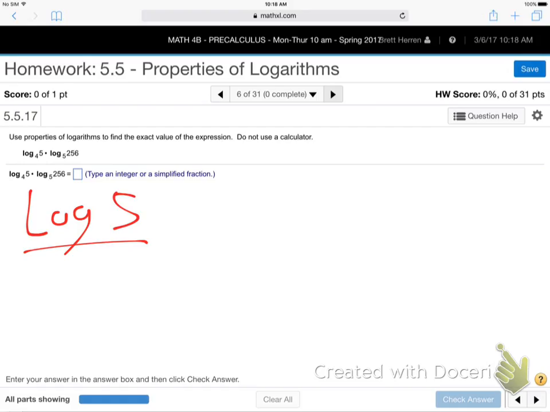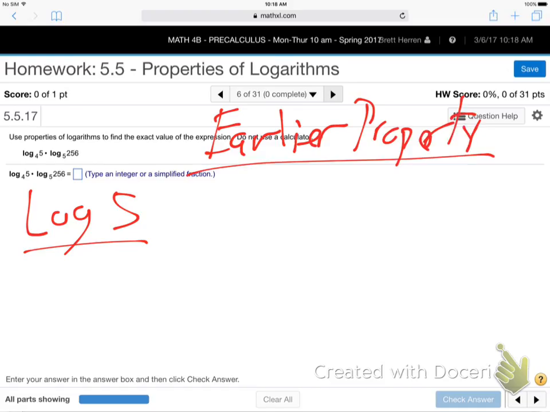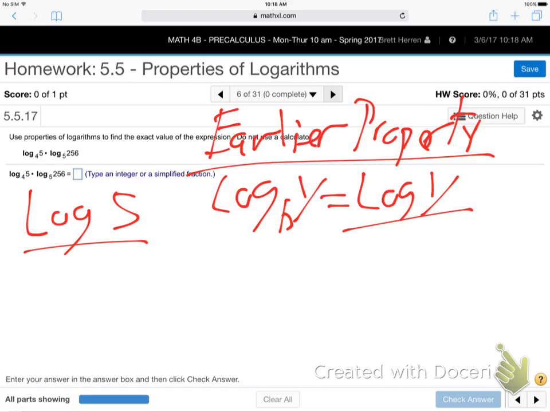So there's those 3 properties that I just wrote on the screen a minute ago, right? Property 1, 2, and 3. There's an earlier property. Remember the earlier property that said if you have the log base b of y or x or whatever, you can always make it log y over log b, right?